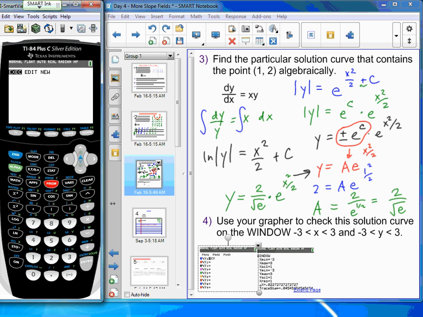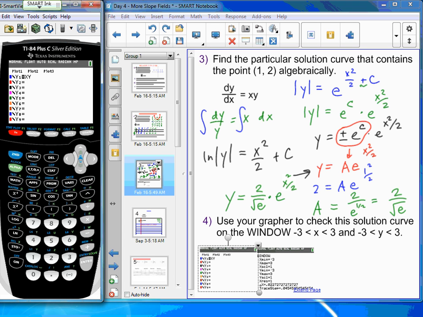That's pretty awesome. Awesome. So now what are you going to do? Now we're going to superimpose our particular solution curve on our slope field. For this, we're going to go to y equals, and in y2, you're going to add the solution curve that we got. So this is now a regular y equals, not a y prime equals. This is our solution curve. What's our solution curve?